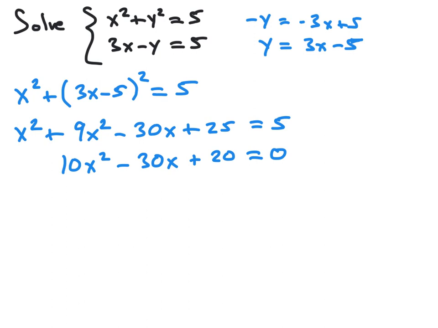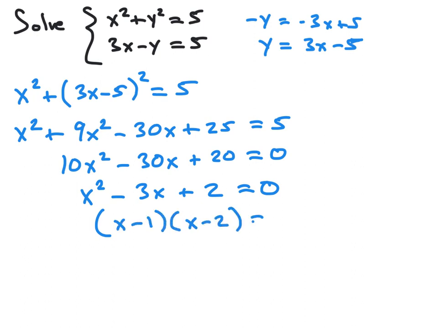And so we can multiply both sides of this equation by 1/10, or alternatively divide by 10. And we have x squared minus 3x plus 2 equal to 0. We can factor this. This factors as (x minus 1)(x minus 2). And so we get solutions of x equal 1 and x equal 2.